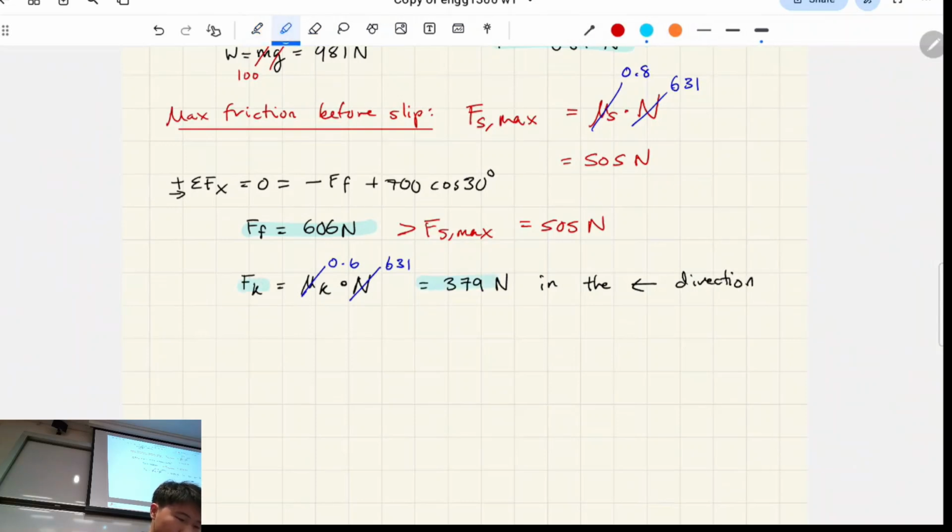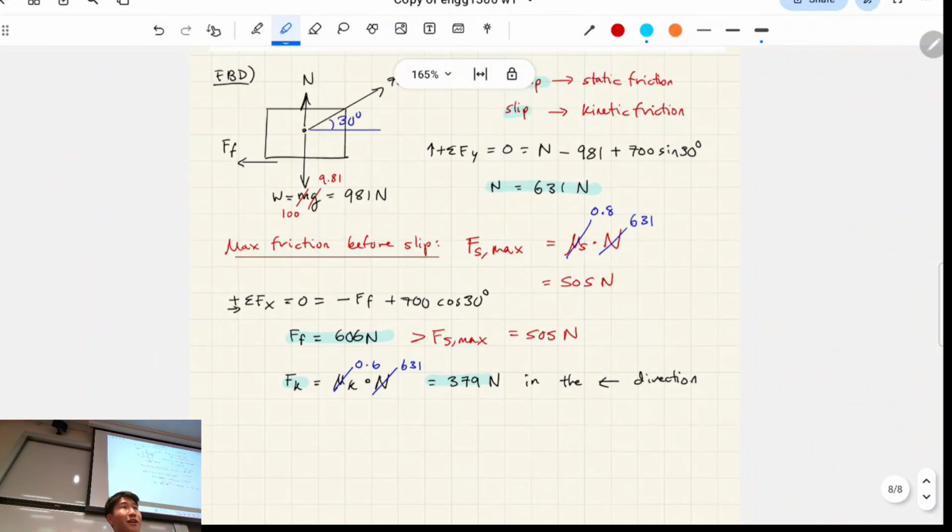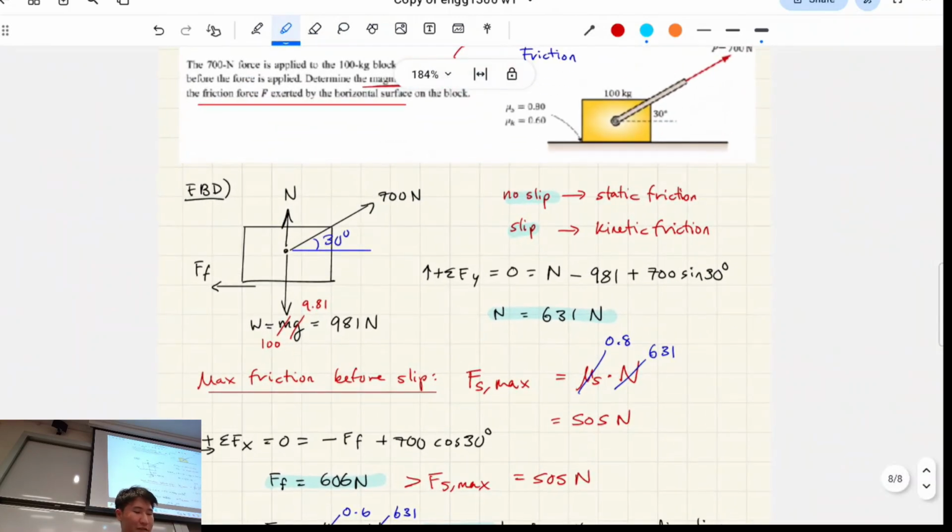So we found that our kinetic friction is 379 newtons in the left direction, right? It's acting left because it's opposing our motion. So we don't actually care about the block's motion. We just care about the friction force acting on it.